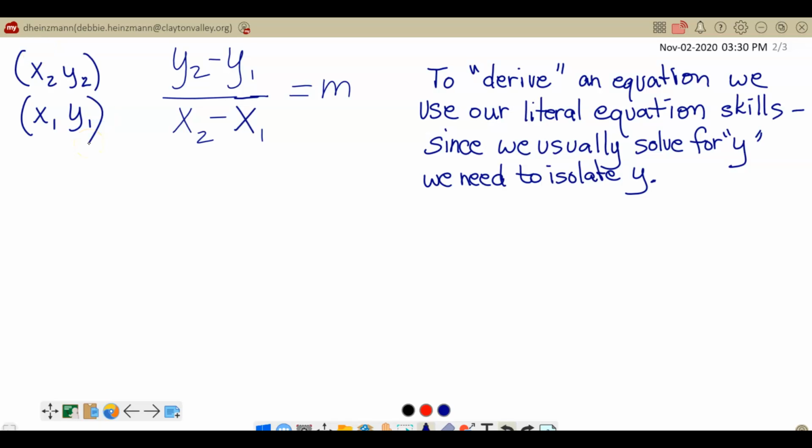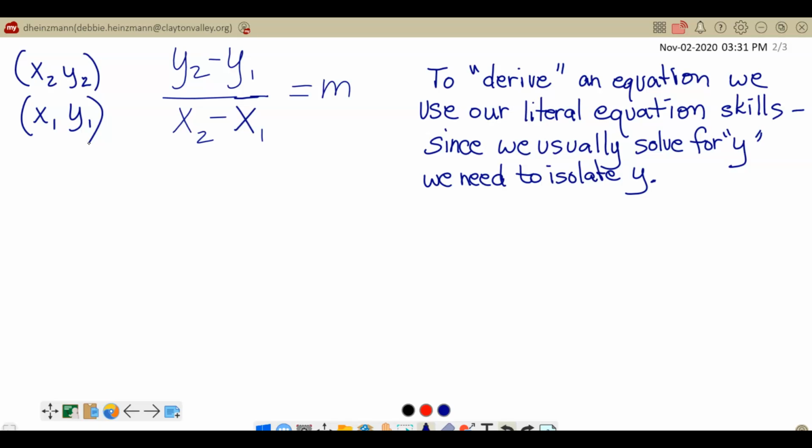Well, guess what? It's not only all you need to calculate the slope, it's all you need to find every piece of information about that equation. You can find the equation of that line. And this is how this works.